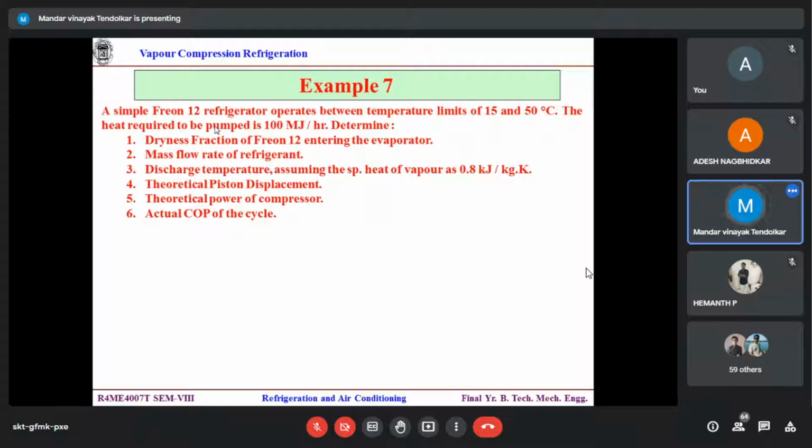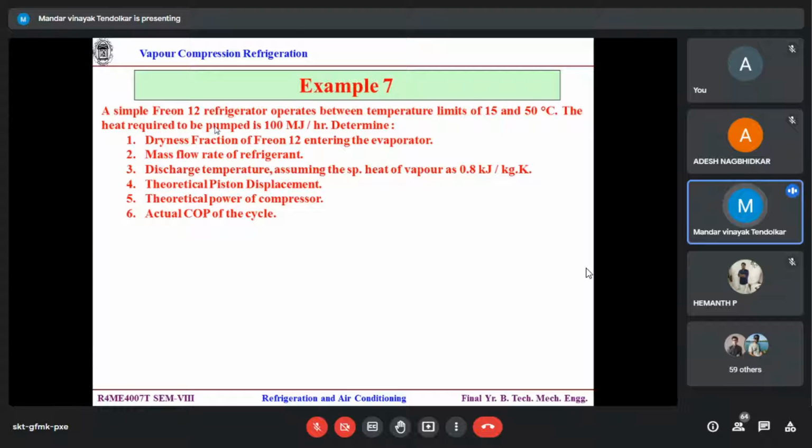Do you agree? Okay, sir. Heat required to be pumped. Pump means lifting from the lower section and delivering at the upper. So how much is to be lifted from the lower section? That is important. If you add the compressor work, that is delivery. Who said first law? That is okay, total energy.